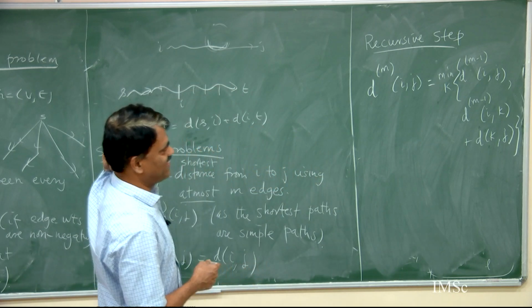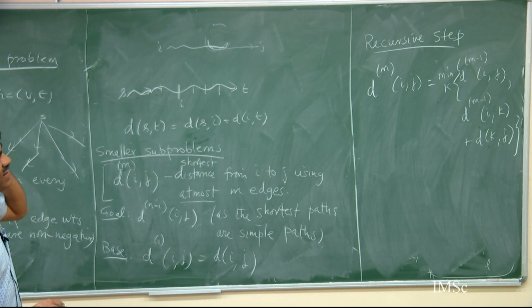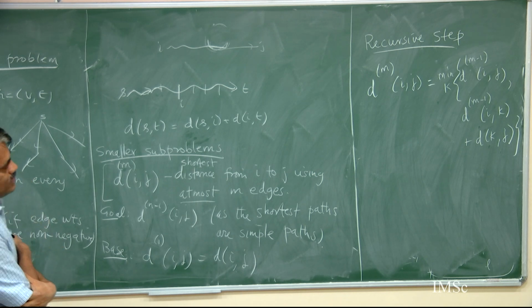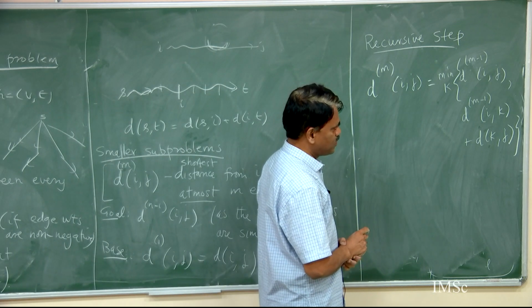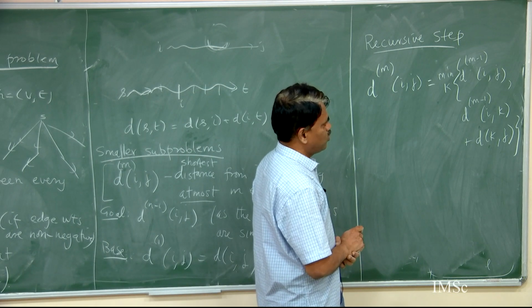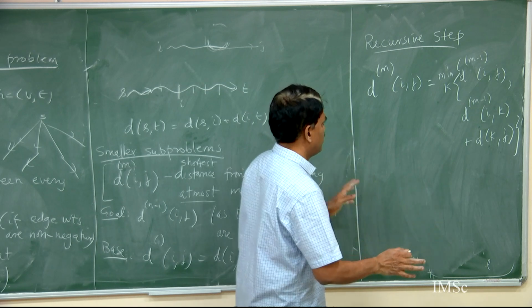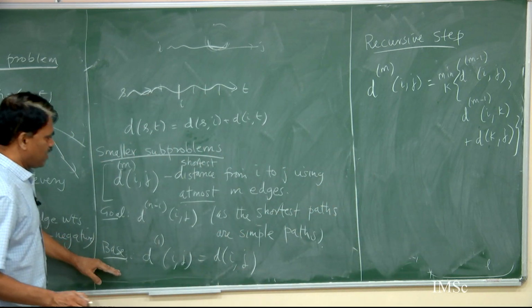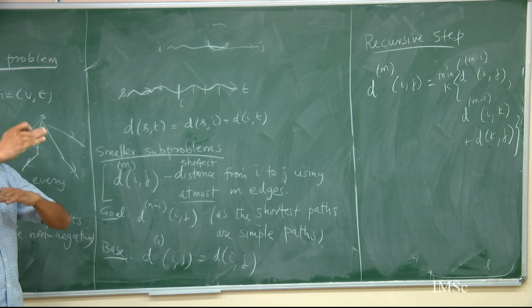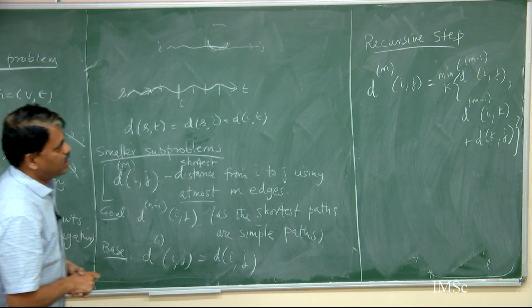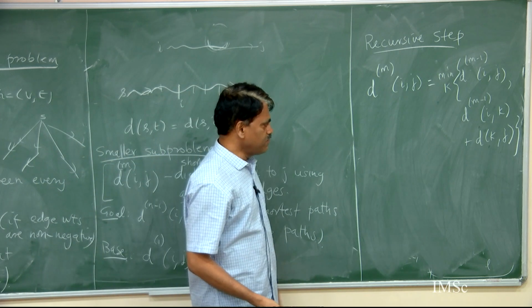Good. Let's complete this and then we'll come back to your optimization. So now I have a base case, I know where I want to go, and I know how to proceed in an incremental step, and let's now compute the overall time.